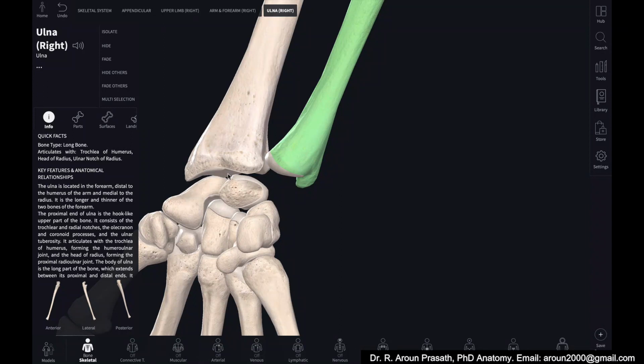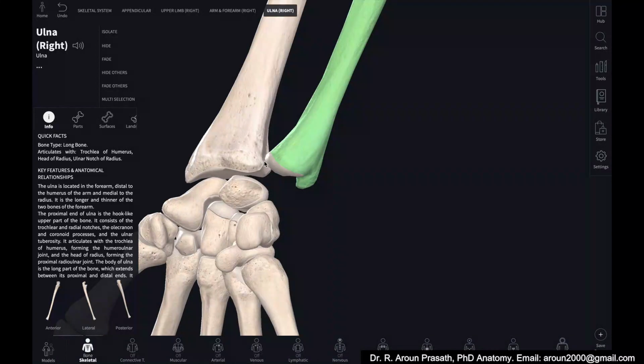So there is no relationship between the ulna and the carpal bones. I showed you why. This pit is called the ulnar notch, where the head of the ulna is articulating and forming the inferior radio-ulnar joint.